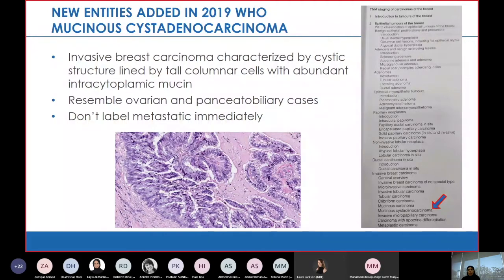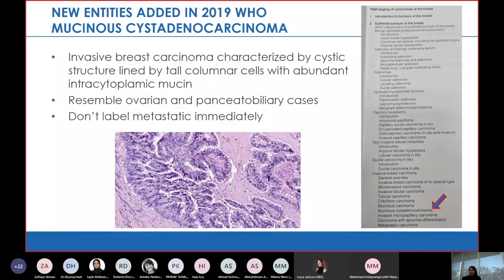So it might help a bit to tilt toward primary breast if you are thinking of pancreaticobiliary cases, but then at the end, we know that we need to correlate with the clinical information and imaging to differentiate between a primary and metastasis.